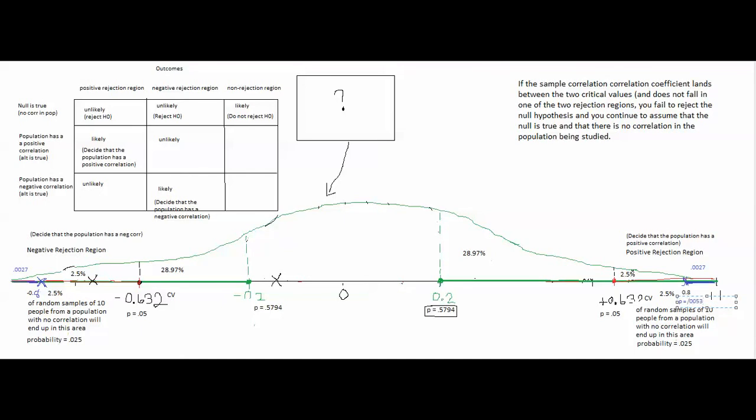This outcome has a p-value of 0.0054 for 0.8, and this outcome of negative 0.8 also has a p-value of 0.0054. And I found this from the p-value calculator.